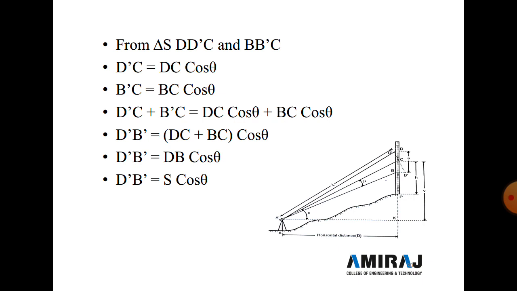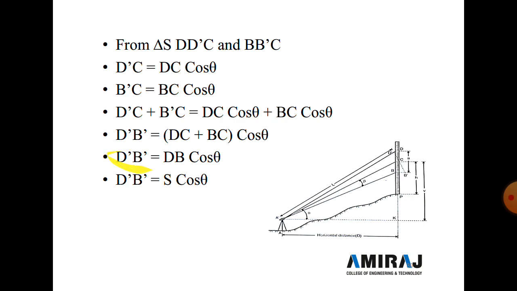Similarly, B'C is equal to BC cos theta. Now D'C plus B'C is equal to DC cos theta plus BC cos theta. So D'B' is equal to D'C plus B'C. Taking cos theta common, we get (DC plus BC) cos theta.